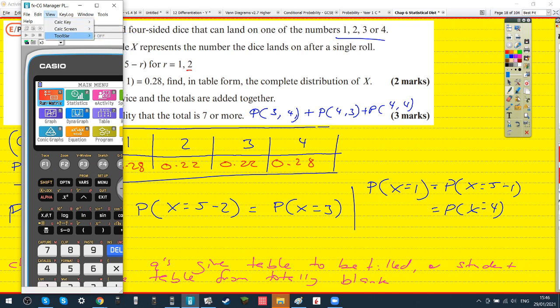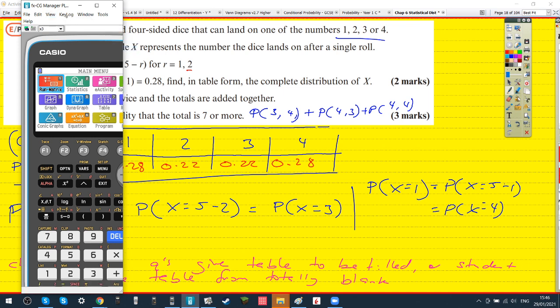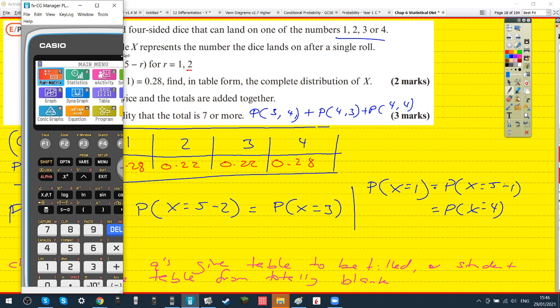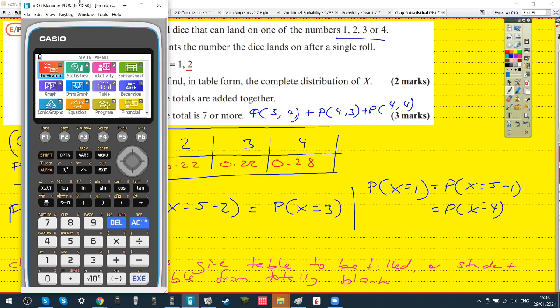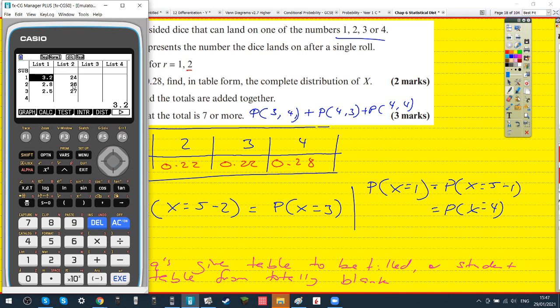So try that. I want to see if it works. Actually, it might be 0.28 over 1. What is 0.28 divided by 1? 0.28. Yeah, it's kind of a given.